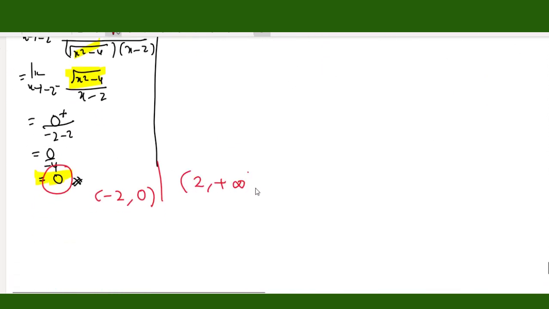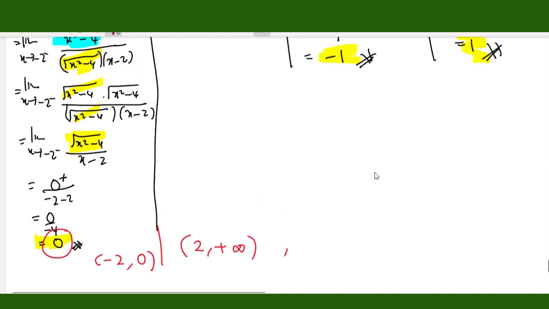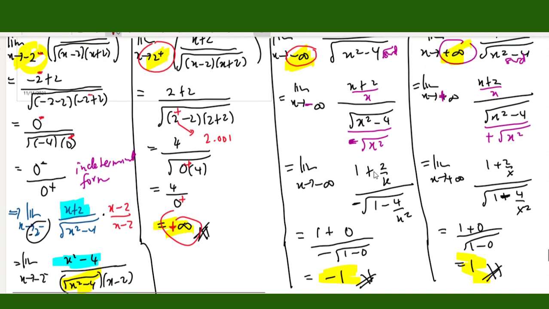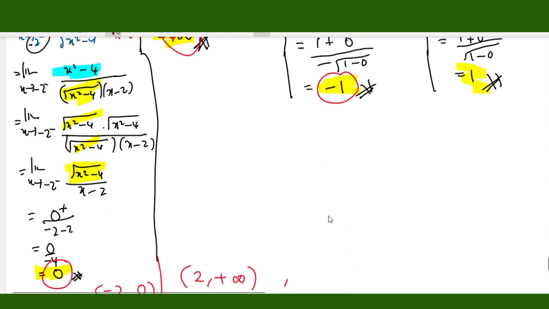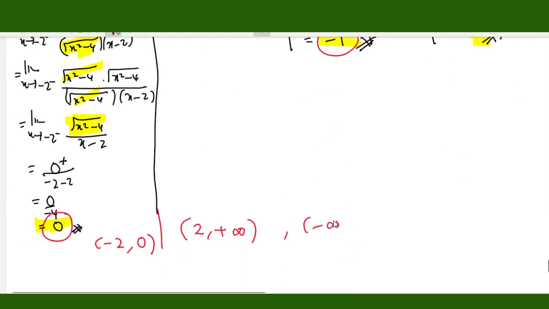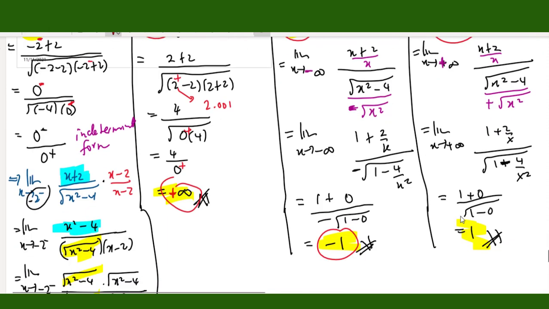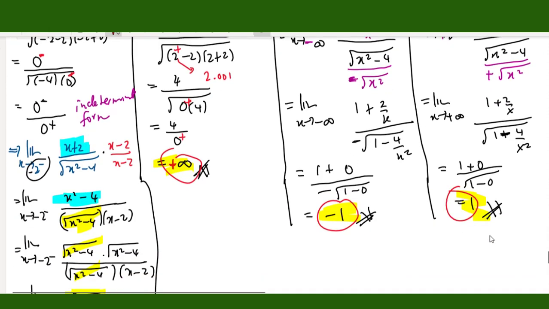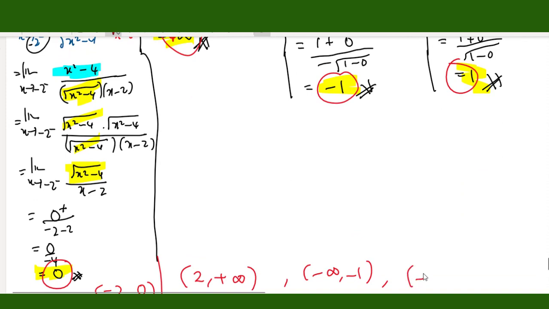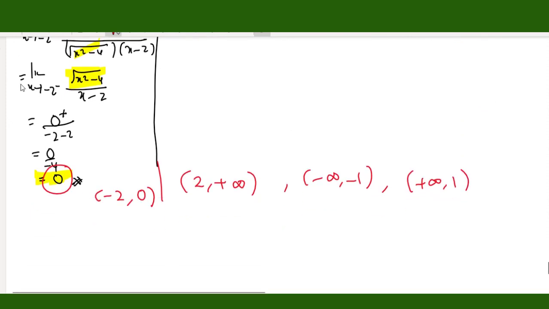When x tends to negative infinity, y is negative 1. And when x tends to positive infinity, y is 1.